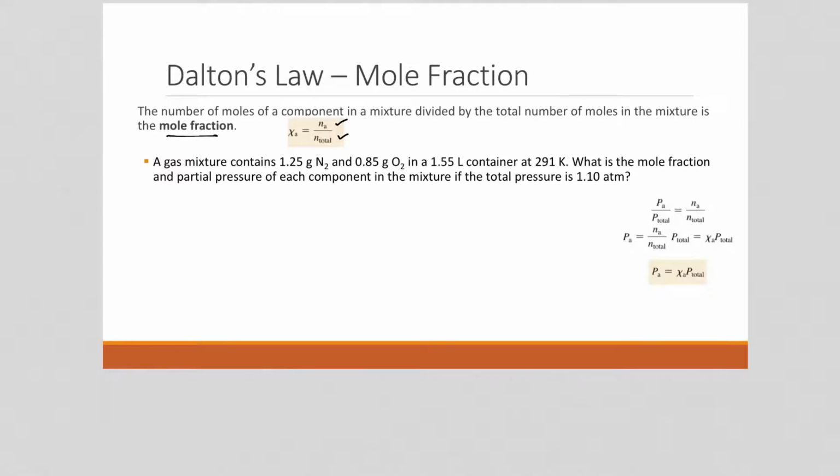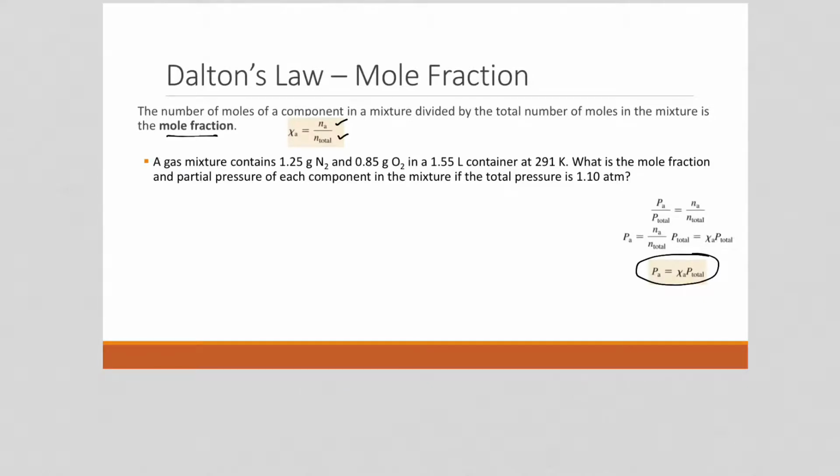We abbreviate mole fraction using this kind of script A. It's the Greek letter chi. So eventually we see that the individual partial pressure is equal to the mole fraction of that gas times the total pressure. That's another way that we can get to it.